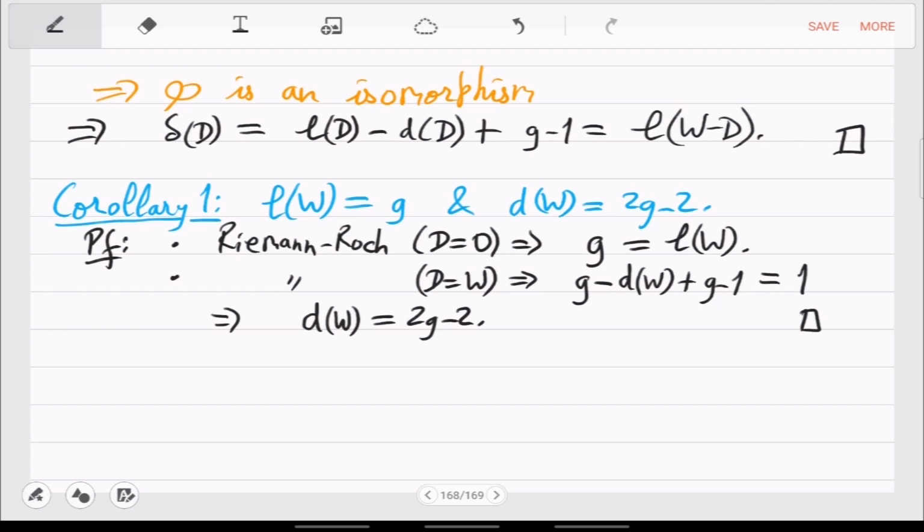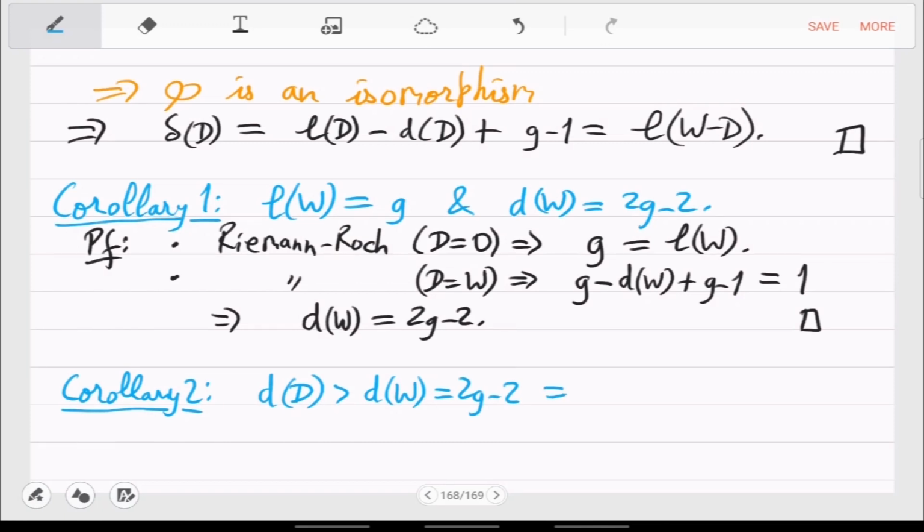Okay, now the next thing, corollary 2. So if the degree of a divisor is greater than the degree of the canonical divisor, which now is 2g minus 2, we know, then Riemann's theorem is exact.